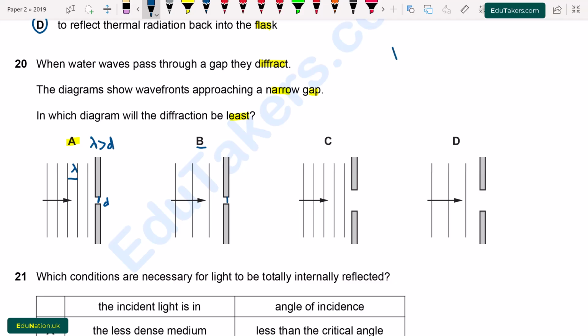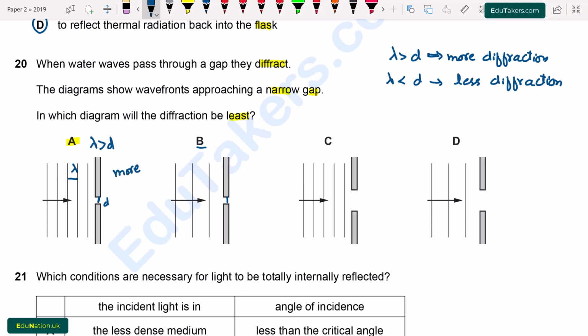I write here lambda is greater than D, more diffraction. And when the wavelength is smaller as compared to the separation, there will be less diffraction. In diagram A, the wavelength is larger as compared to the spacing, so there will be more diffraction.